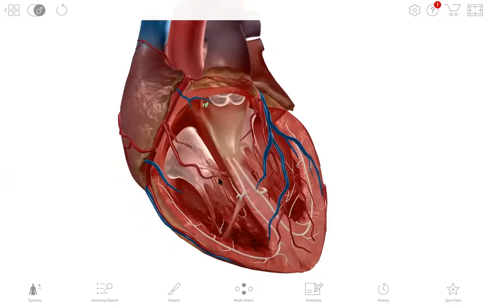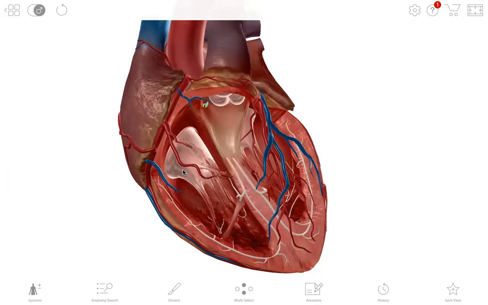I have in the right ventricle three papillary muscles: anterior papillary, which is the largest, posterior papillary, which is smaller, and a septal papillary muscle. This is the septal. Anterior, posterior, and this is the septal. Each of them will be attached through chordae tendineae to the corresponding cusp.